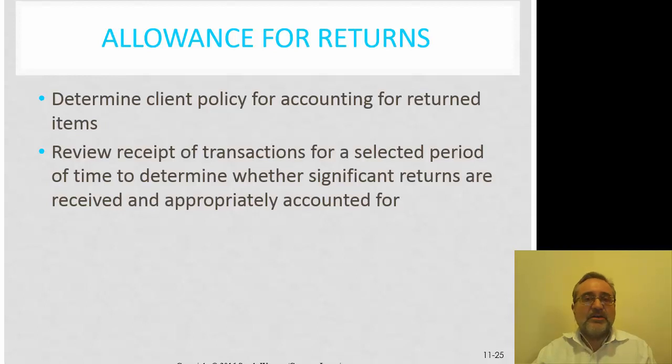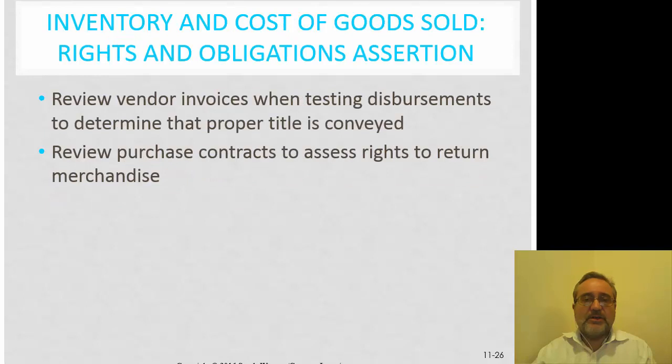If this is the case, we're going to be examining the returns and comparing these returns to the time period in which they've been returned. In fact, the allowance for returns is a very good opportunity for us to consider using an analytical procedure.